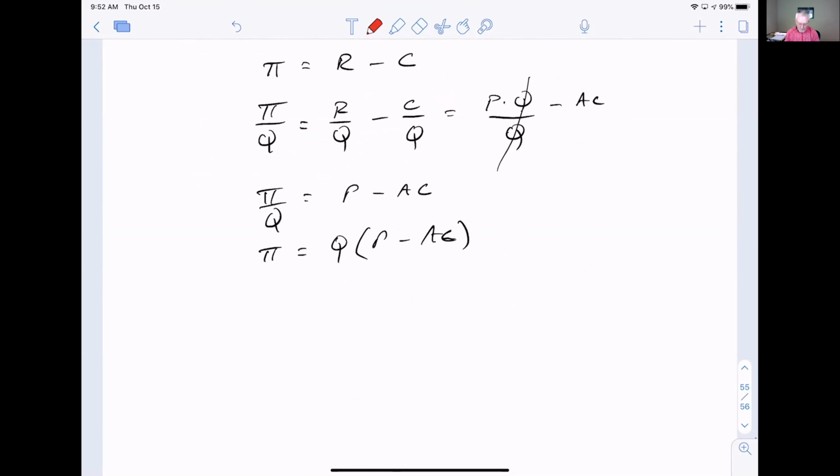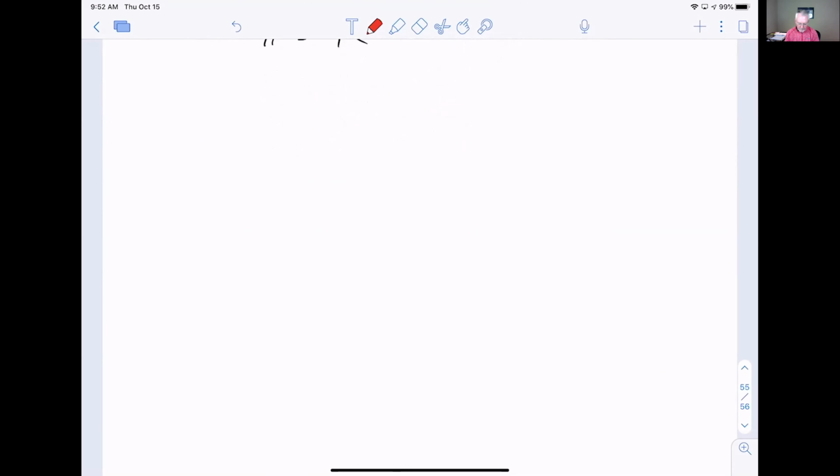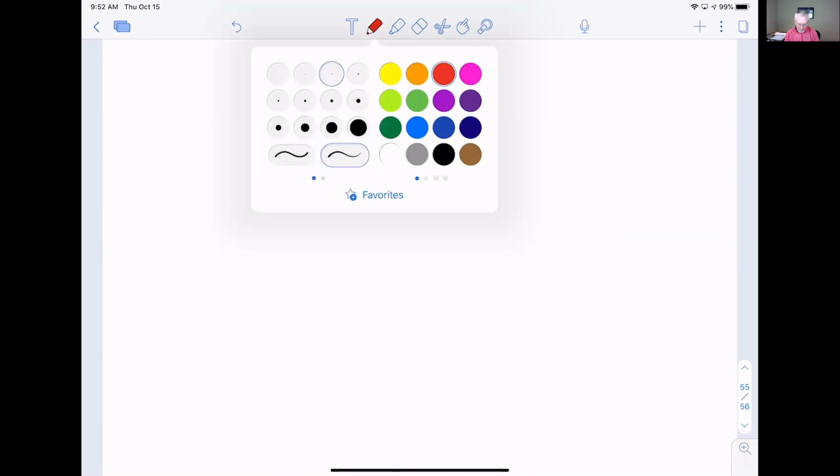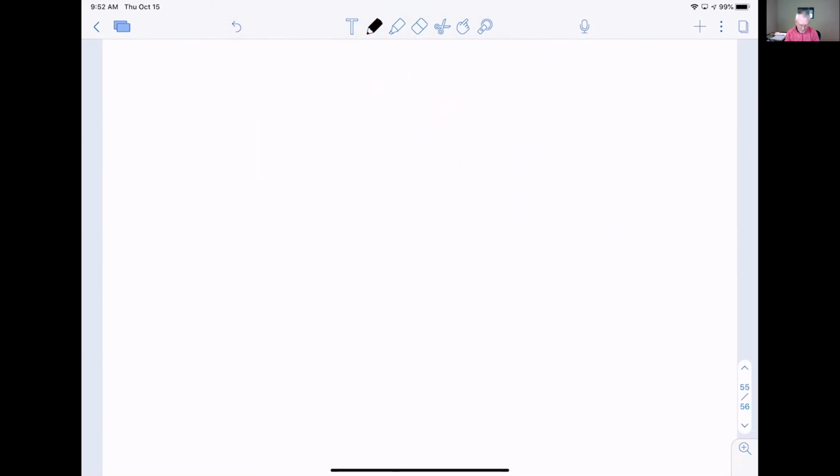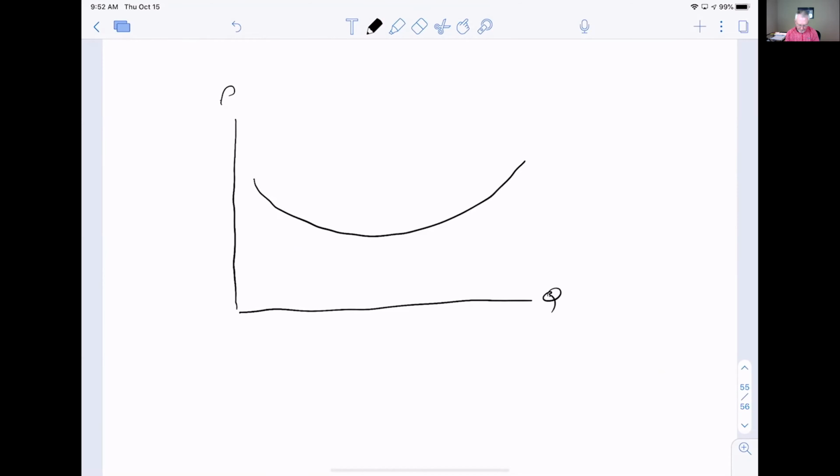Now, I could draw this a little differently. I could draw this so that my firm is the same firm, same cost structure. Whether I use a big Q or little q, it doesn't really matter. Here's my average cost. Here's my marginal cost, which again intersects that average cost at its minimum point.